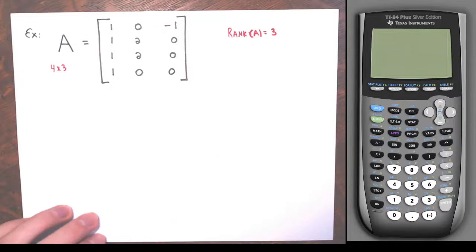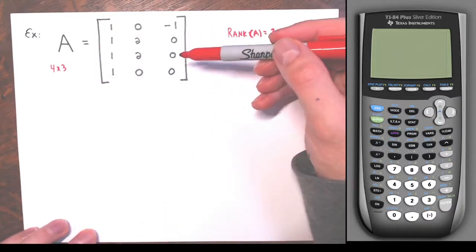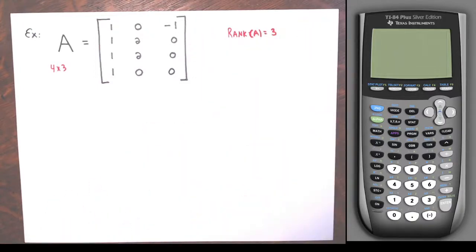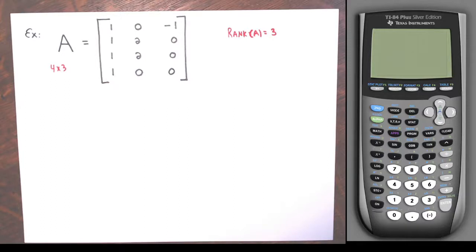Obviously, the rows are not independent, because look, the second row and the third row are exactly the same vector from R3. So the columns are independent, but the rows are not. But all that matters to me to be able to express this matrix with this QR factorization again is that the columns are independent.